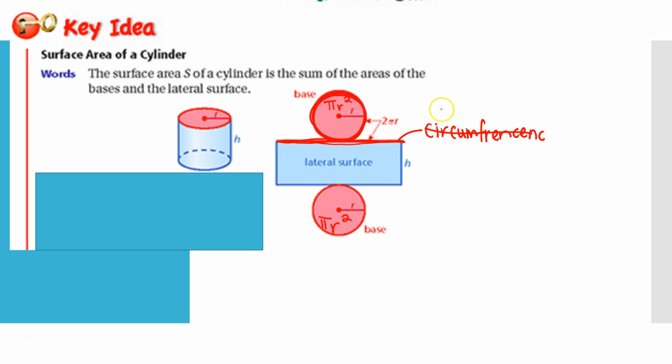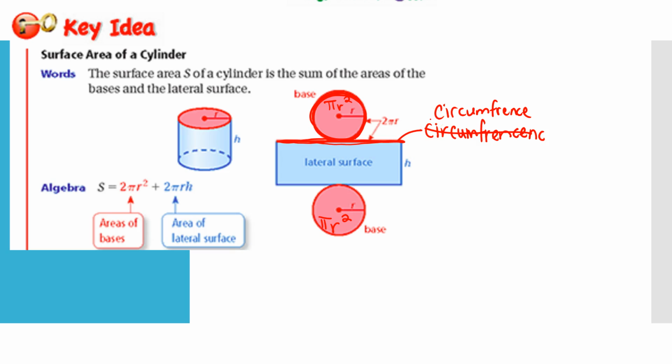I totally just spelled that wrong. Hold on. There. That is circumference. So this right here, that's circumference equals pi d, or 2 pi r. So that's why our formula right here, this is the formula for a cylinder. We have 2 pi r squared.